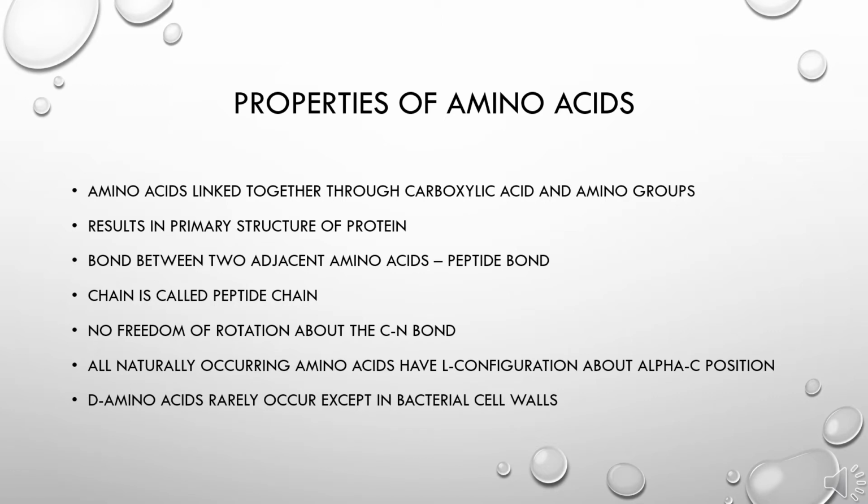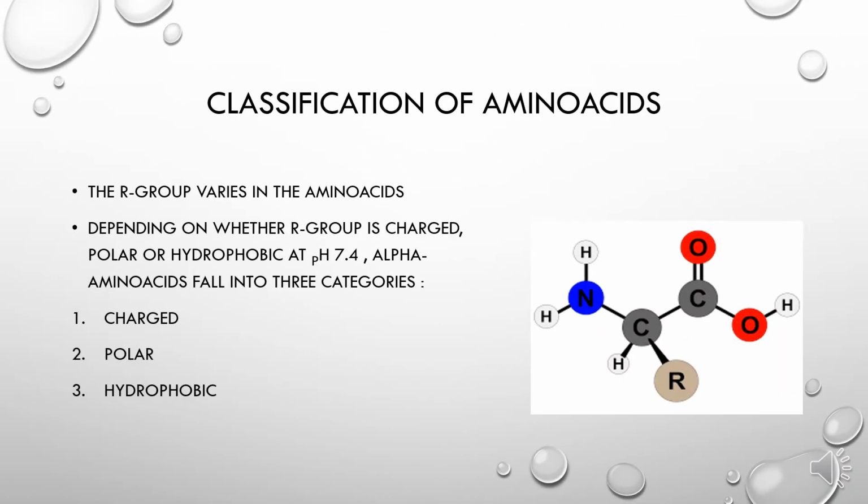All naturally occurring amino acids have L configuration about the alpha carbon position. D amino acids, or dextro amino acids, rarely occur except in bacterial cell walls. Look at the classification of amino acids.